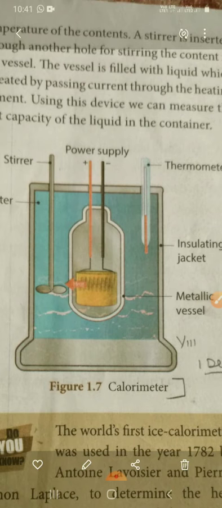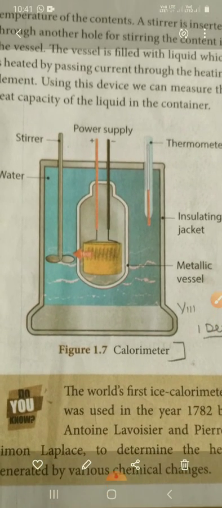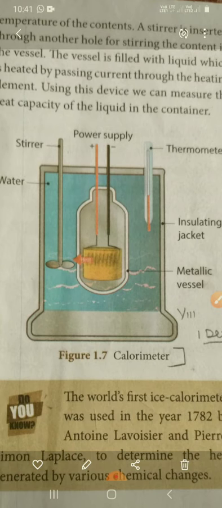Everyone, write it in your class notes. It's a first detailed question, so go through it thoroughly. In the upcoming live class I will ask this question, and without seeing the book you should draw the calorimeter structure and show it to me. So be careful.